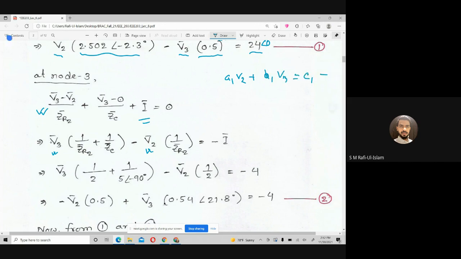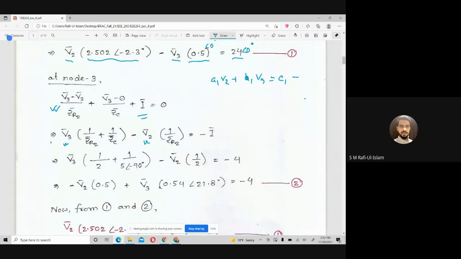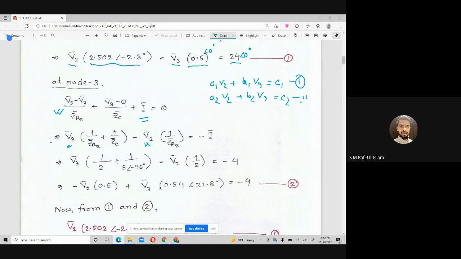This is equation 1, from the first node, and in the other node, let's say this is a2 v2 plus b2 v3 equals c2. My target is to rearrange the node equations in such a way that they are functions of v2 and v3, because my target is to calculate the values of v2 and v3.